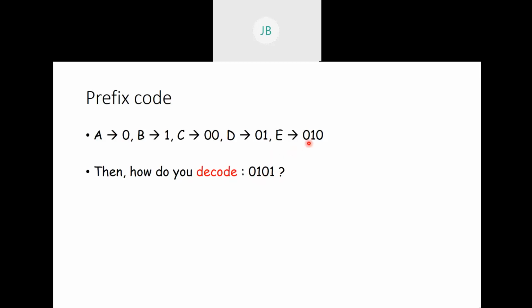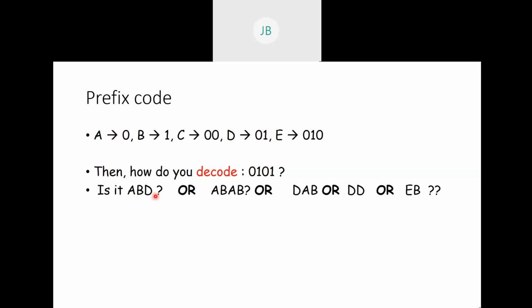Or maybe we have 0, 1, 0 here. So here, when you see 0, 1, 0 first, you consider it as E, and there is a remaining 1 here. Is that B? So is it like EB? So yeah, we have different options here, right?